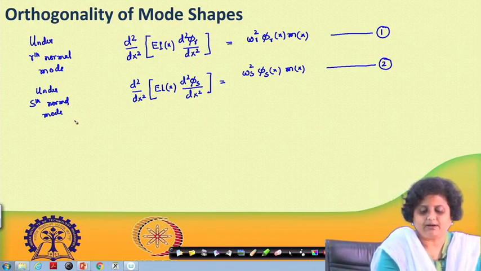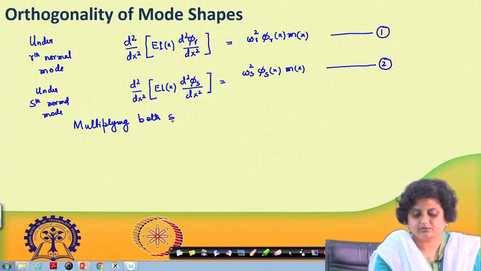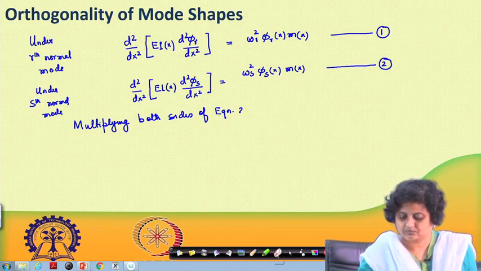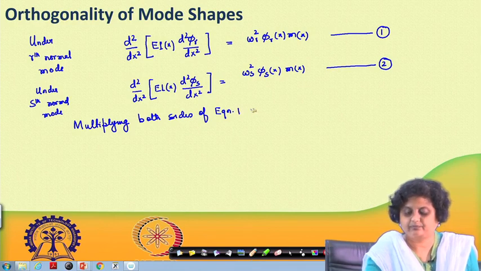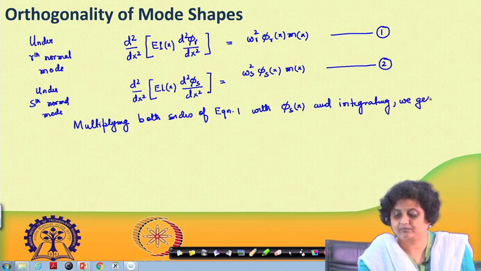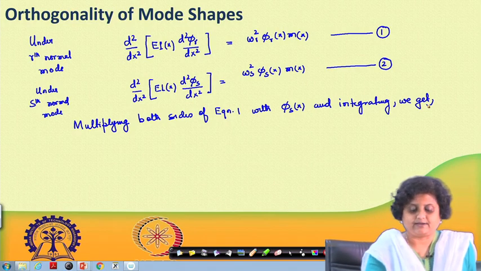Now, what I do is that I take equation 1 and multiply both sides by phi s x and then integrate.